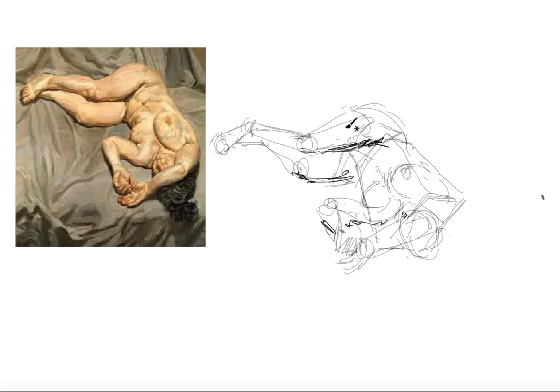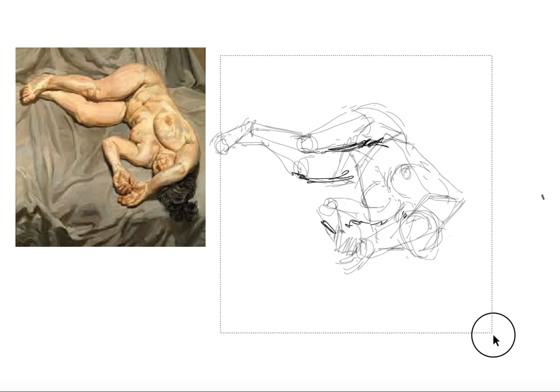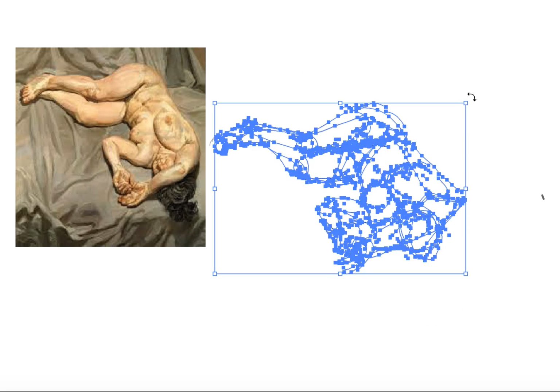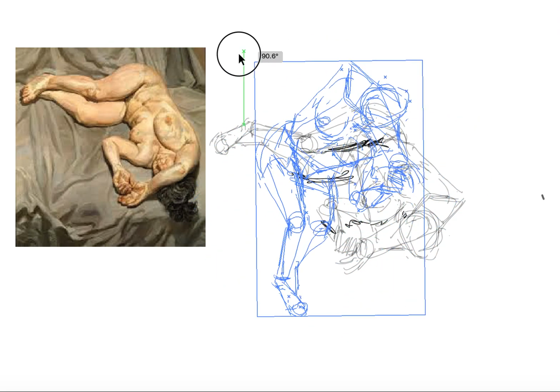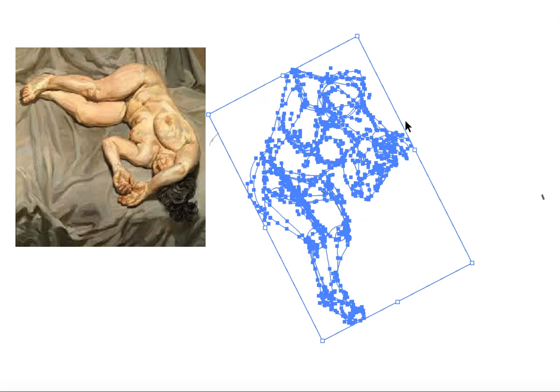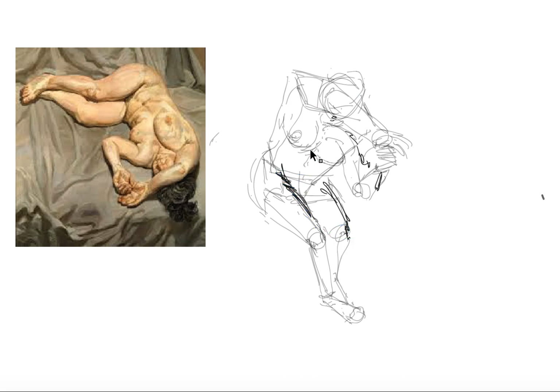So the idea of looking at the object as a three-dimensional entity: if I now grab all of those things and rotate them through 360 degrees, you can begin to see more clearly the form of the figure. Sometimes when you're looking at an upside down figure, it doesn't reveal itself immediately.